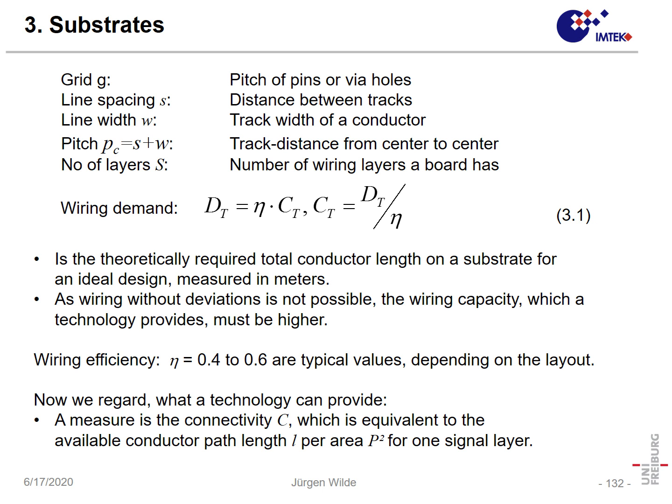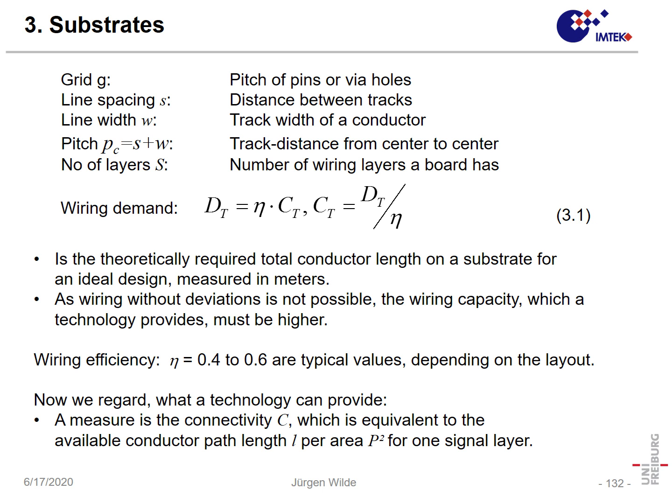On the other hand, when we make a design, we have a certain wiring demand. So imagine you take a board, place in your computer the components, interconnect all pins which have to be connected according to the schematic, and in that way we have a certain wiring demand which you get out from your layout program.